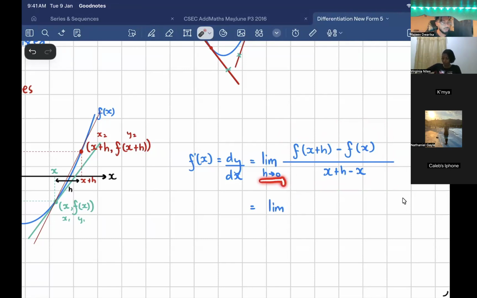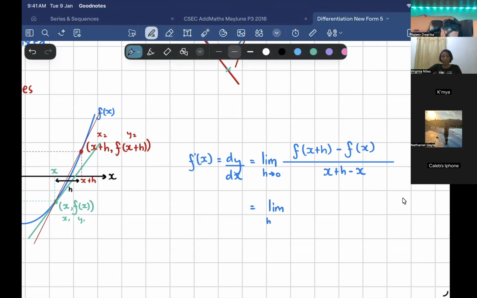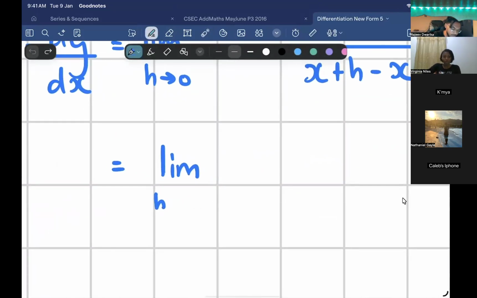More accurate. So I hope everybody understands why we say in the limit as h approaches zero: as the distance between the points approaches zero, it gives you the actual gradient, which is f prime x or dy dx. Let me just simplify this, and then we're gonna do our past paper question one time.